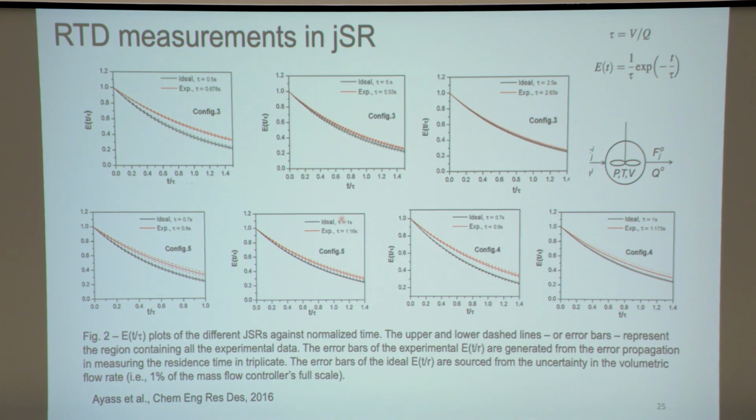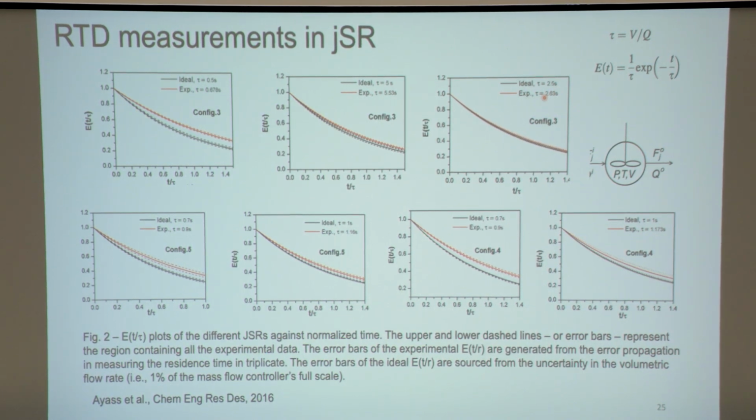These are just different configurations. For example, in configuration 3 the experiments do not agree with the ideal model, but configuration 3 operating at a different flow rate condition, so a residence time of 2.5 seconds, does work well. In this way, you identify the ideal residence time for your configuration, and then you make sure you do your experiments in this well-mixed regime.